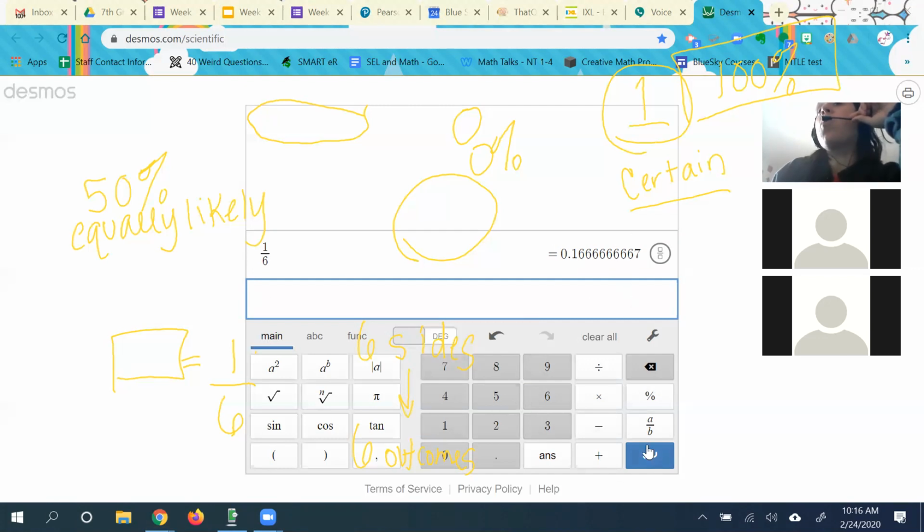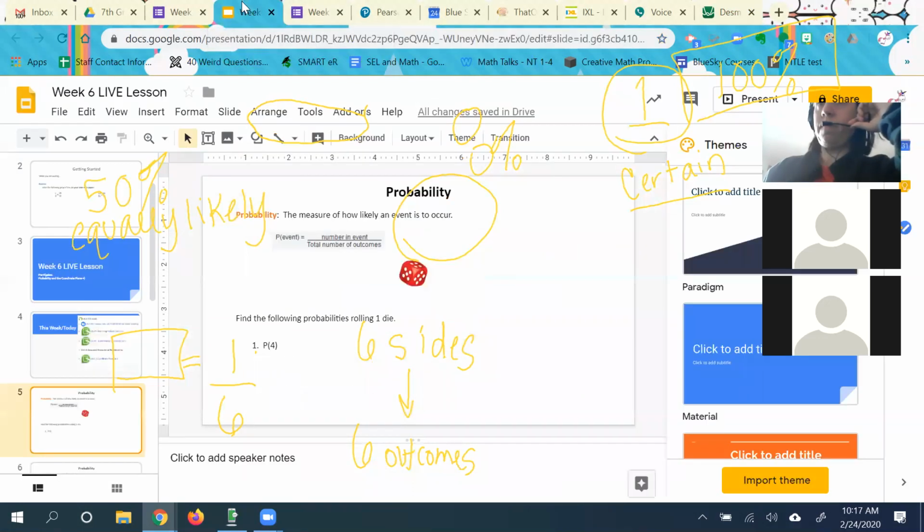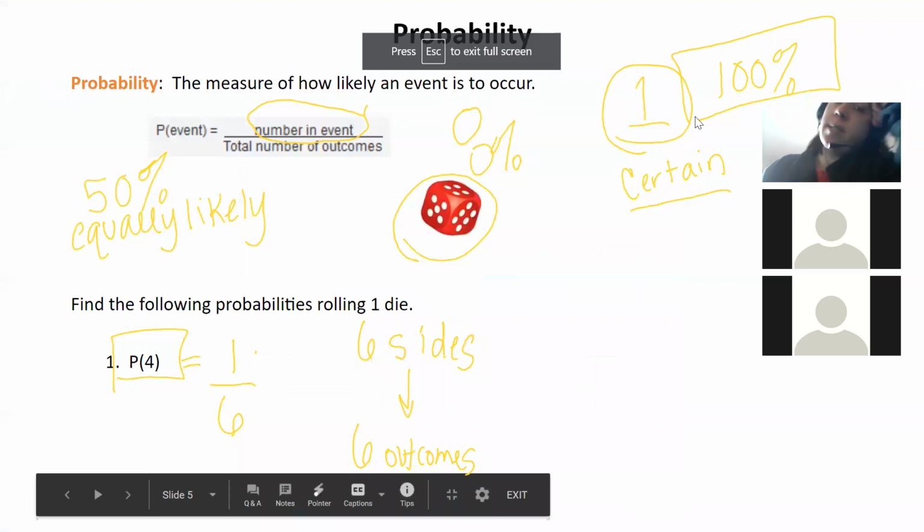Does anybody know what I would multiply that decimal by to turn it into a percentage? Yeah, 100. You got it. Good job. So I would have a 16.7% chance of rolling a 4 on the die.